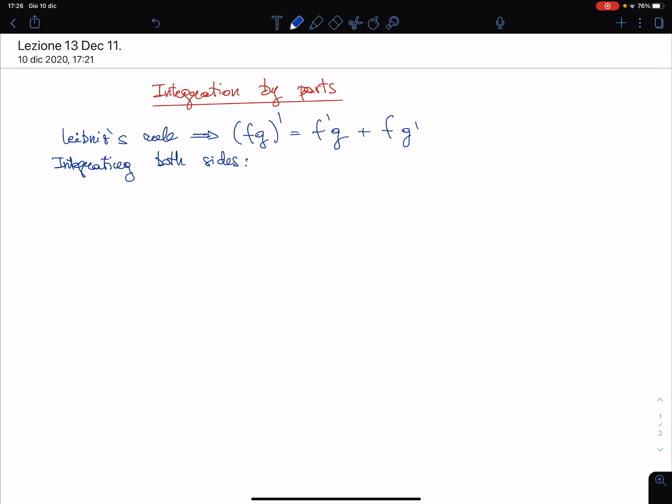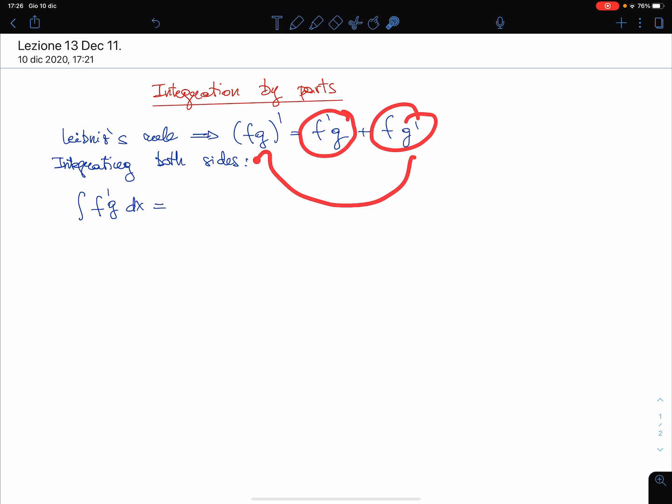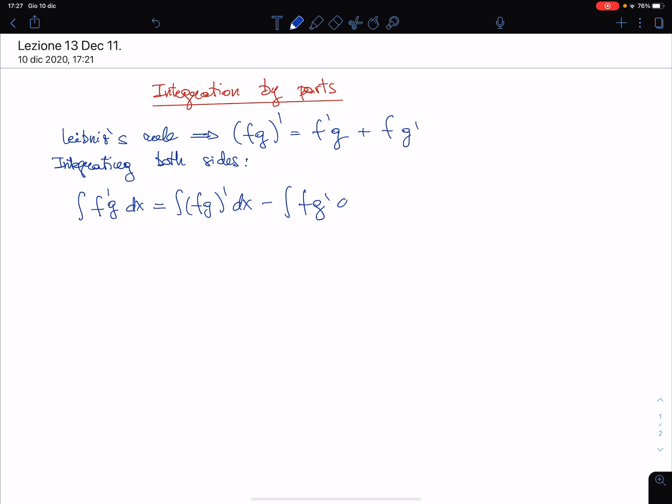we have that here the integral of f' g dx. So we integrate f' g here, and then we move the other terms here. So this is equal to the integral of (fg)' dx minus the integral of f g' dx.